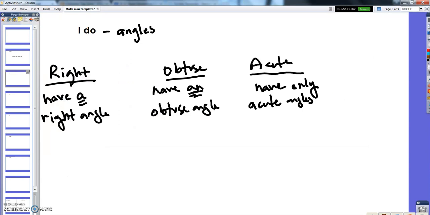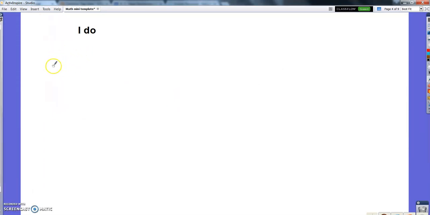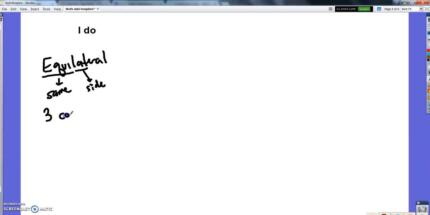We also classified them by their sides too. So these are some vocab words that are a little harder to remember. Equilateral. Equa means same. Lat means sides. So equilateral triangles have three, we say, congruent or equal sides. All three sides are the same length.